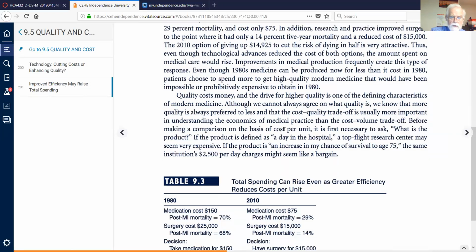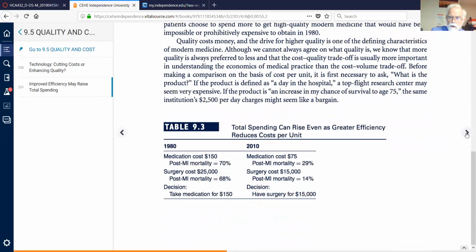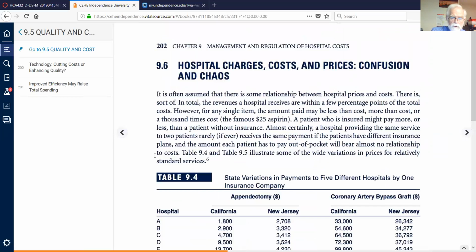So there's a lot to be said about looking at costs.